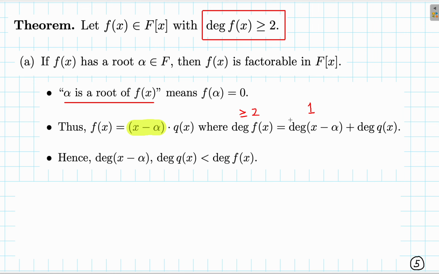And then 1 plus the degree of q(x) equals the degree of f(x), and therefore the degree of q(x) must be less than the degree of f(x). In fact, 1 less than the degree of f(x) to be specific. And hence, the degrees of x - alpha and q(x) are both less than the degree of f(x), and therefore this factorization is legitimate, and hence f(x) is factorable in F[x].